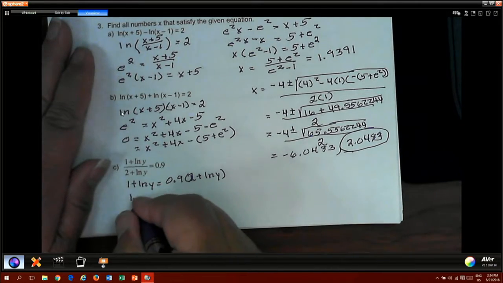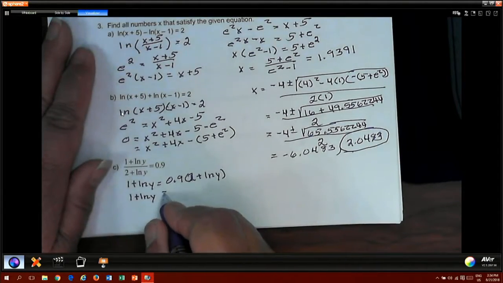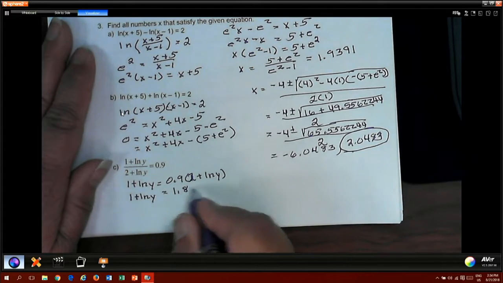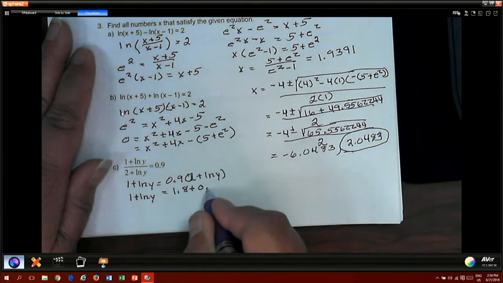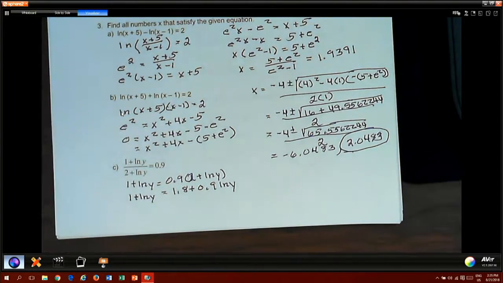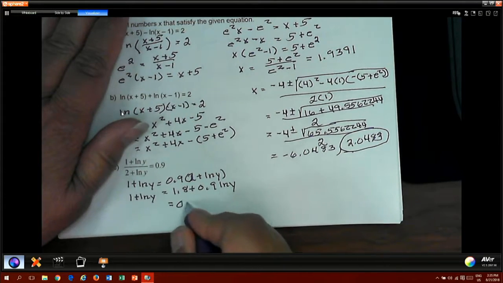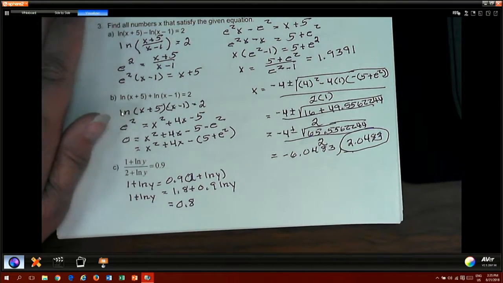So that's 1 plus ln of y equals 1.8 plus 0.9 ln of y. So we need to get the ln of y on one side and the numbers on one side. So if we subtract a 1, that gives us a 0.8.